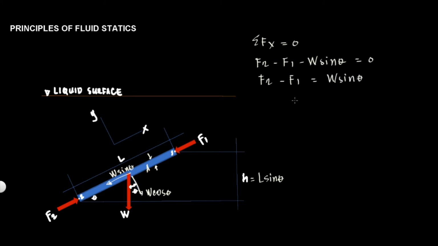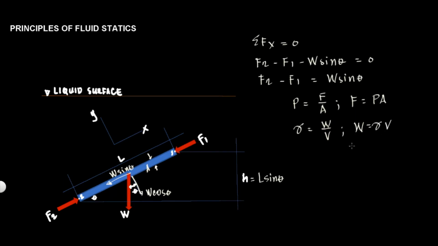Okay. And we know that pressure is equal to force over area, or force is equal to pressure times the area. Another, the unit weight, gamma, is equal to weight over volume, or weight is equal to gamma V, or the unit weight times the volume.